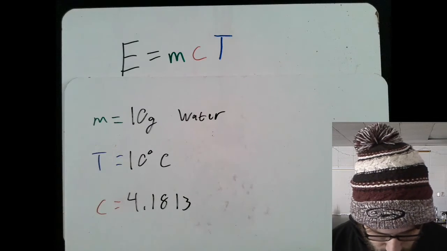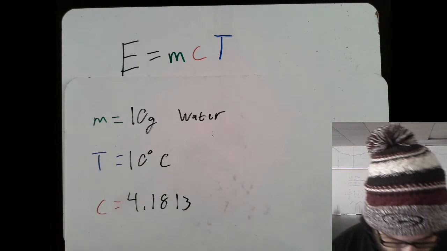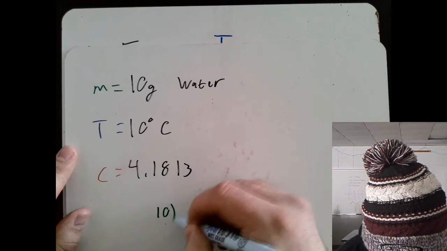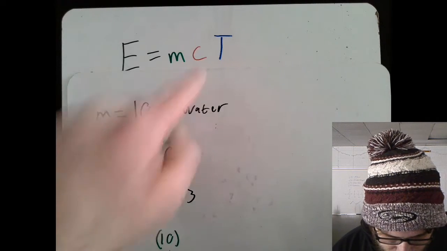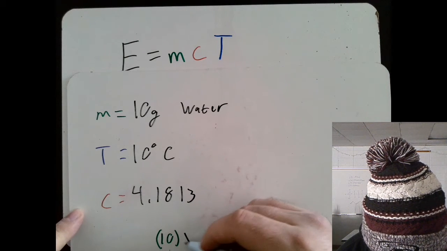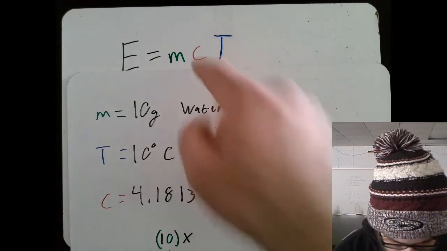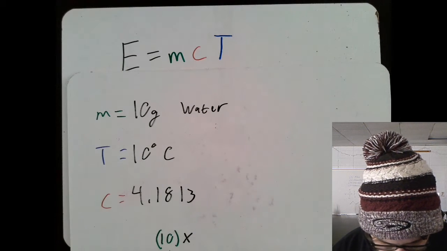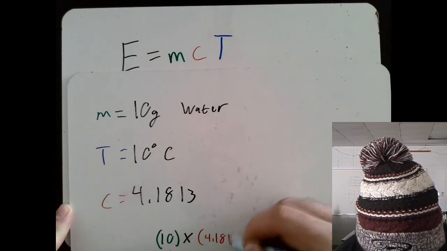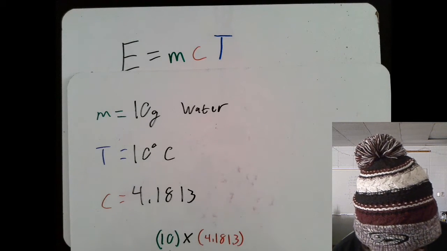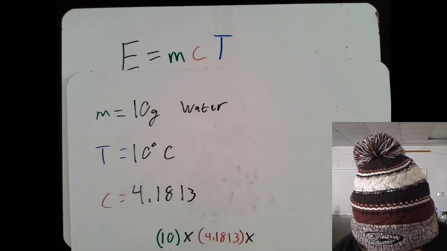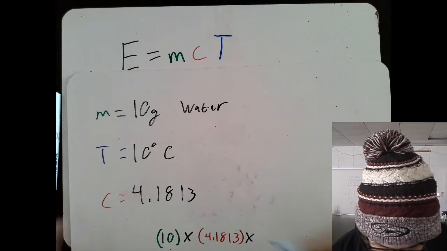So all we would do is say, okay, we've got 10 grams, so that's going to be 10 grams times, let's use black for our math, so times that specific heat, 4.18, and then my temperature.